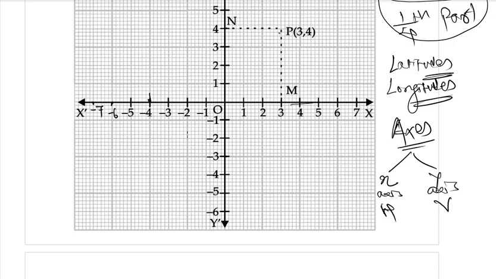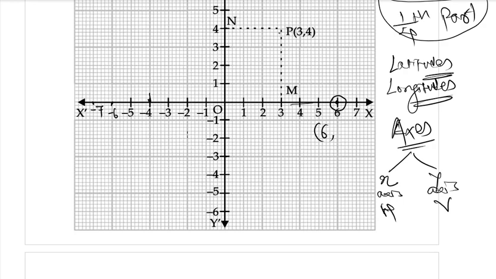Suppose I choose a point on the x-axis, let's say over here. Can you tell me its coordinates? What is the x coordinate of this point? The x coordinate is 6 because it is lying on number 6 on the x-axis. What is the y coordinate? The y coordinate is the perpendicular distance of any point from the x-axis.